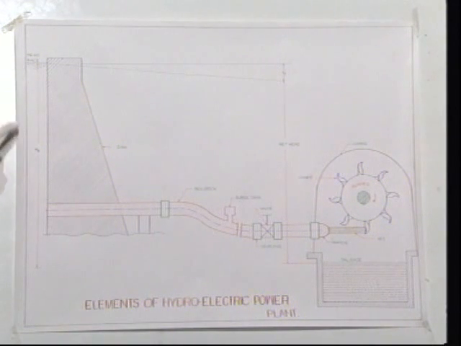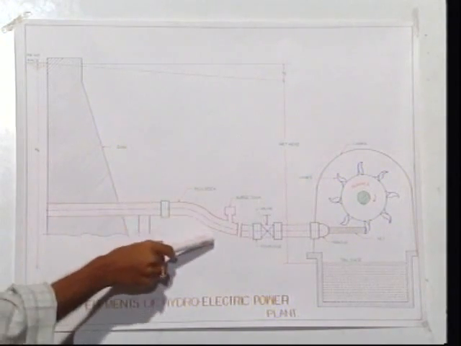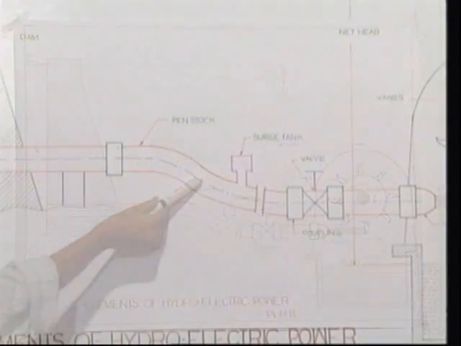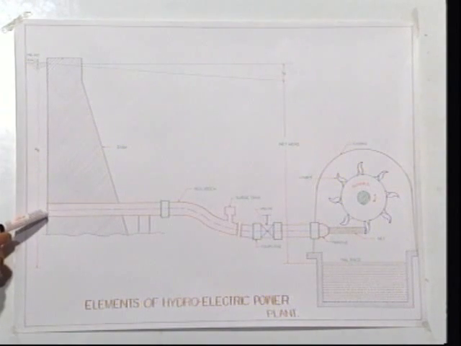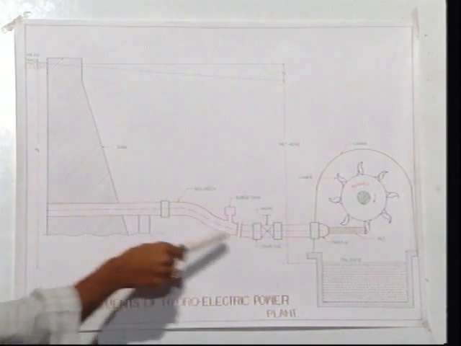This high pressure energy water is carried to the turbine through a long pipe which we call the penstock. Penstocks are large diameter pipes made of steel or reinforced concrete, and they carry the water from the bottom of the dam, where the pressure of the fluid is very high, to the turbine.